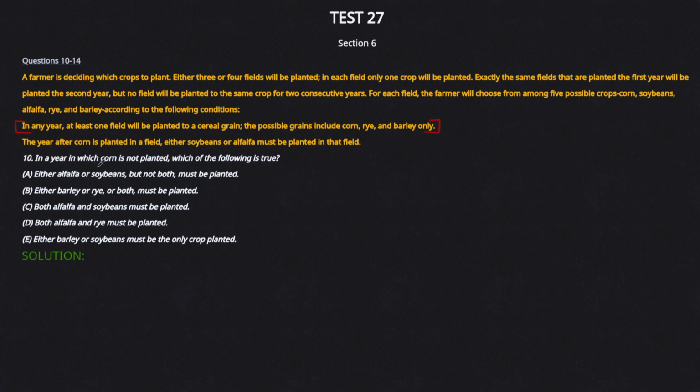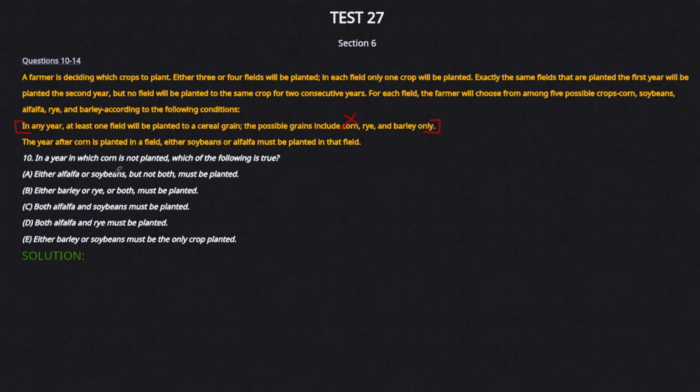It says corn is not planted, but this criteria says in any year at least one field will be planted to a cereal grain. So we need at least one of these 3 to be planted. Corn is already out of the picture, so we have rye and barley. So we need to have at least one of these 2 planted in any of the fields.